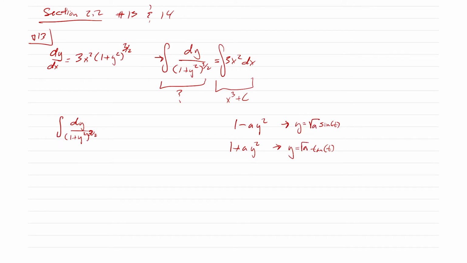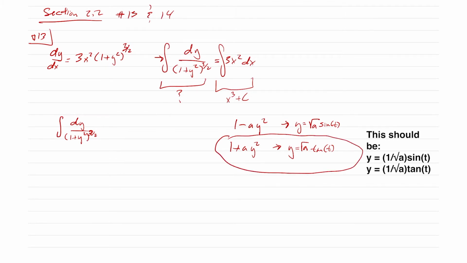Since we're going with this case, a is 1, keep that in mind, so dy becomes secant squared of t dt.